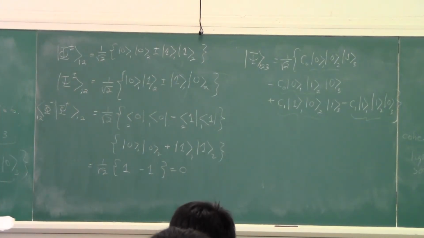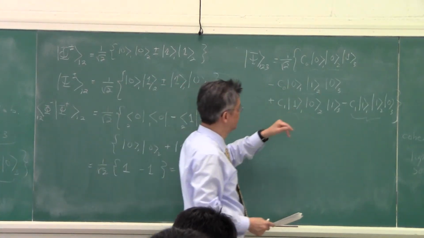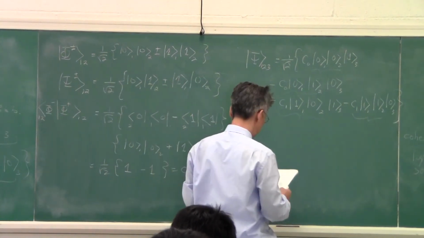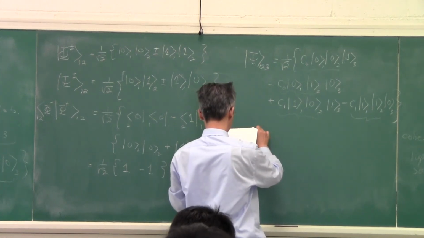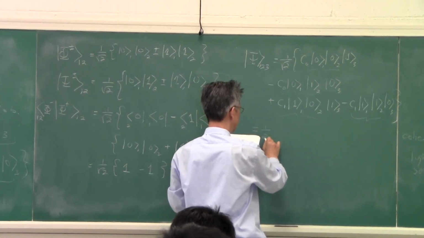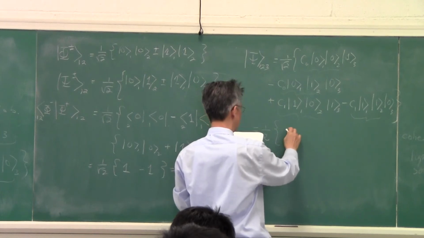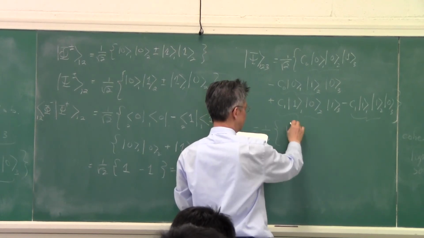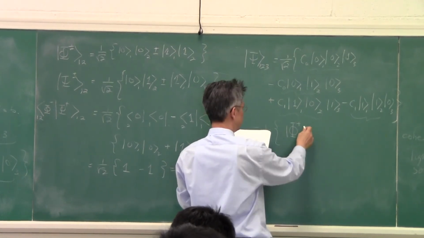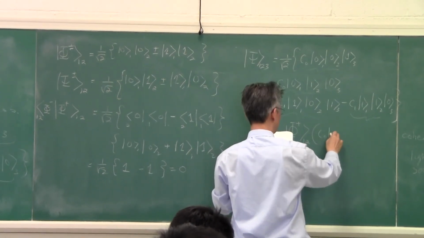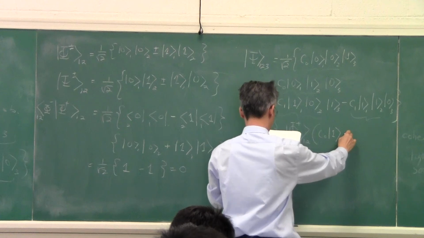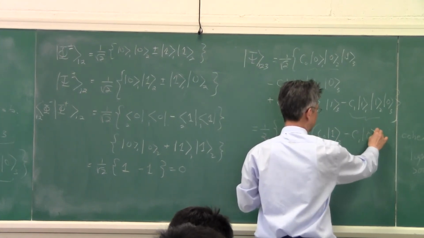Since these are all 2 photon states, I won't go into the detail. If I do the projection, I can rewrite this as a linear superposition of Bell states for the 2 photon state times C0,1,3 minus C1,0,3.